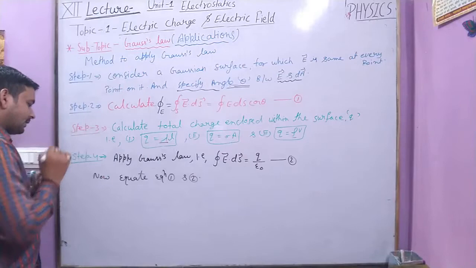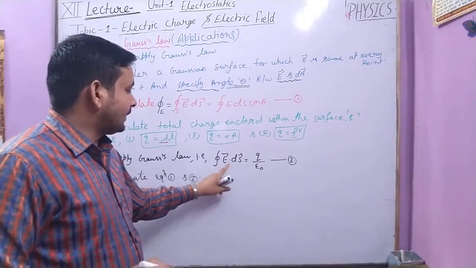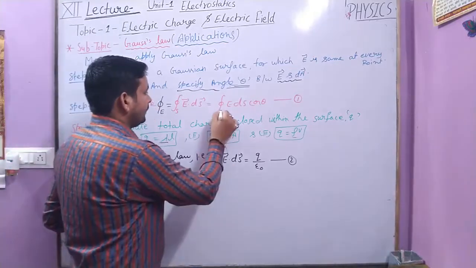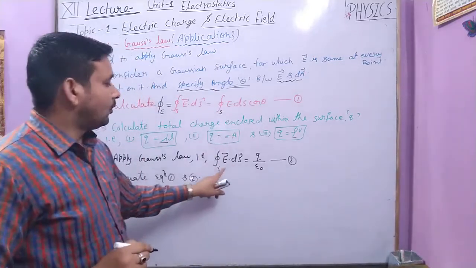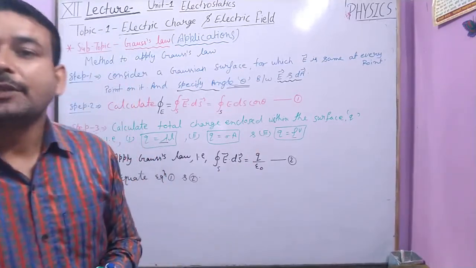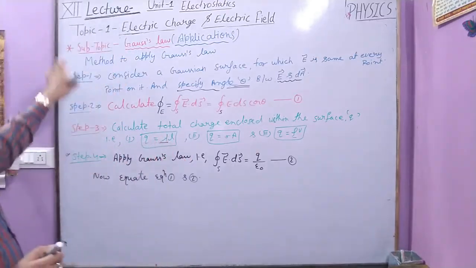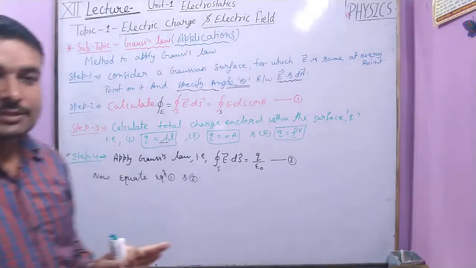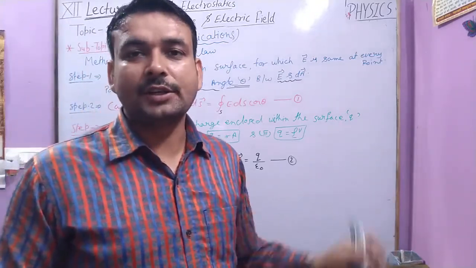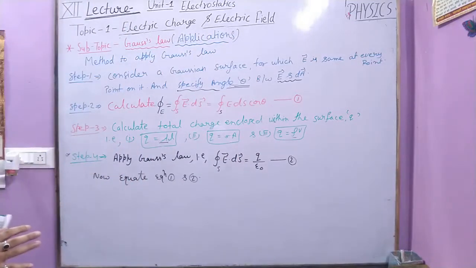Then after, step 4, apply Gauss theorem, that is flux is equal to the surface integral of vector E dot vector dS, which is equal to 1 upon epsilon naught times Q. Okay, these are the simple steps which you need to remember for calculation of electric field for any kind of distribution.